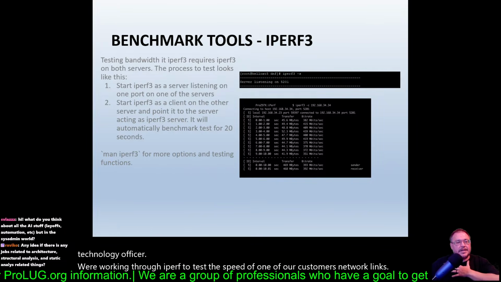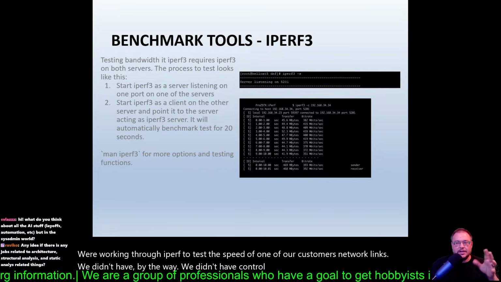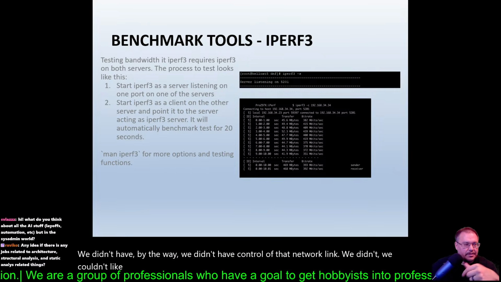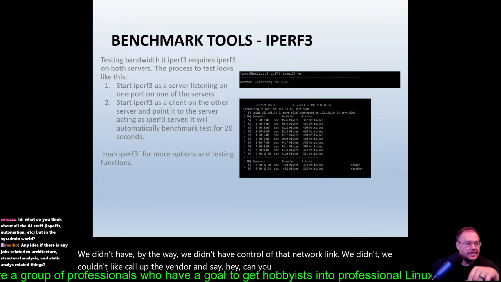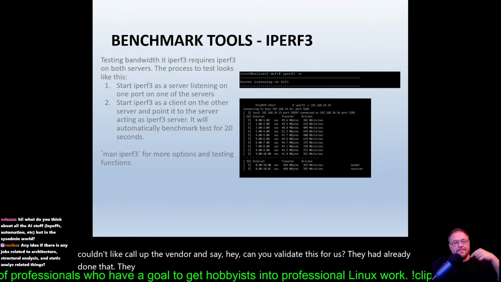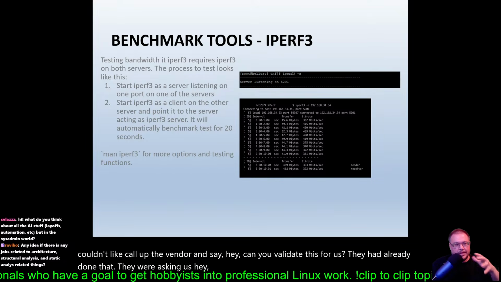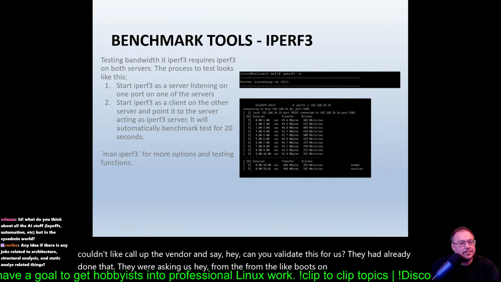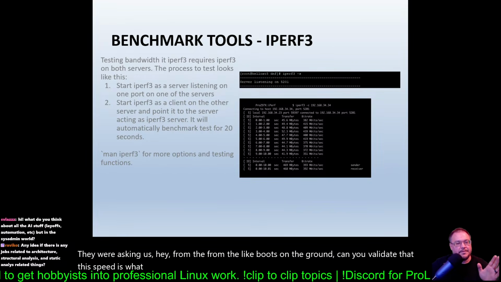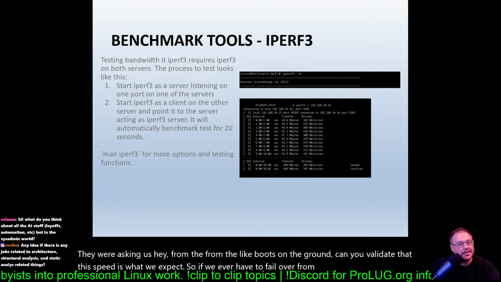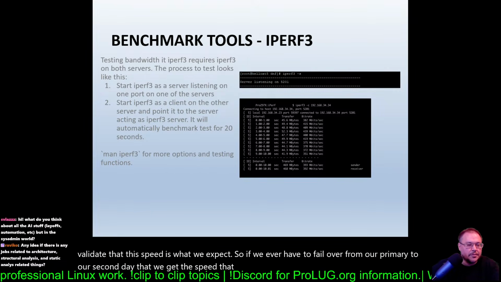We didn't have control of that network link. We couldn't call up the vendor and say, hey, can you validate this for us? They had already done that. They were asking us, from the boots on the ground, can you validate that this speed is what we expect? So if we ever have to fail over from our primary to our secondary, we get the speed that we expect. And that's what we were trying to prove.